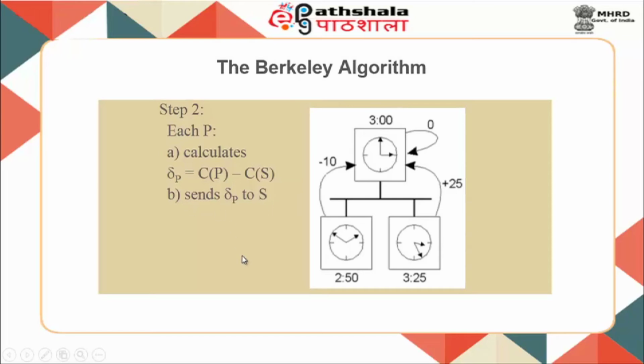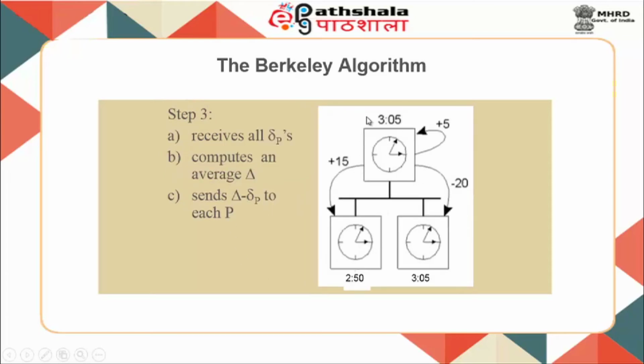So, now in step 3, what will the server do? The server, after receiving all the delta P's, will calculate the value of delta. In our case, the value of delta is plus 5. Then it will do delta minus delta P for each process.